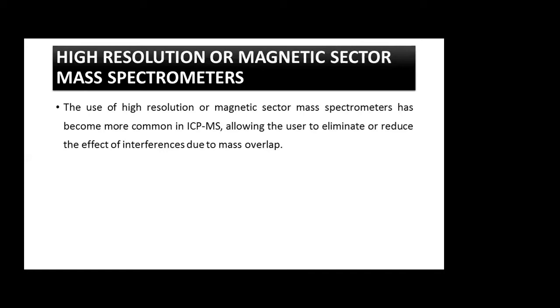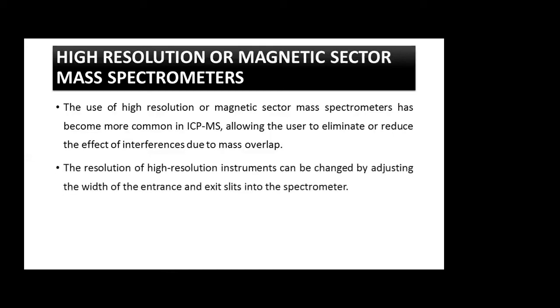If the difference in mass is very, very small, in such a situation there is a possibility that interferences may occur because of mass overlap. Such problems will be eliminated when we use HR, or high resolution type of mass spectrometers.